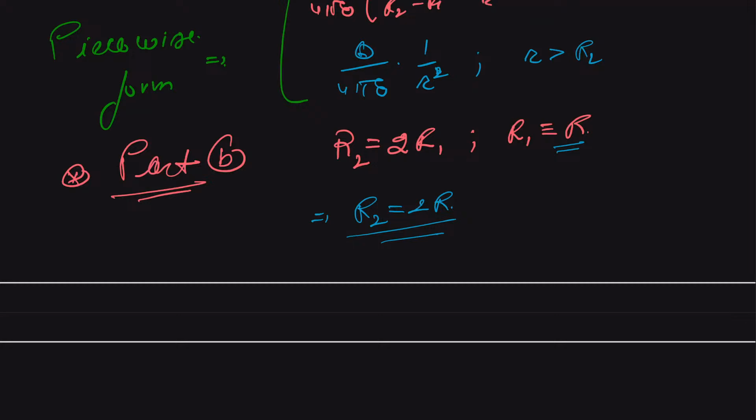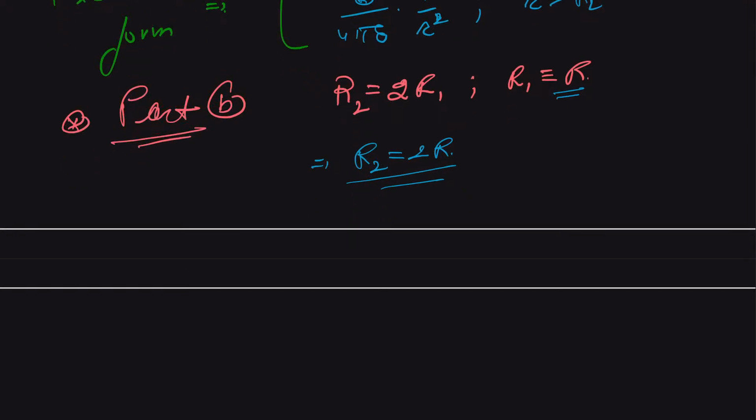For that we are going to take the potential, the voltage at infinity, as equal to 0. And we are supposed to find out what will be our potential at the center.